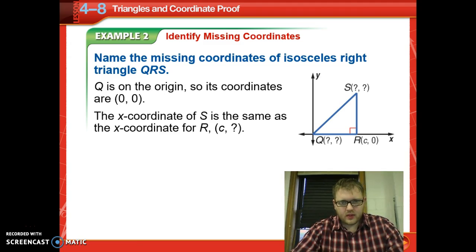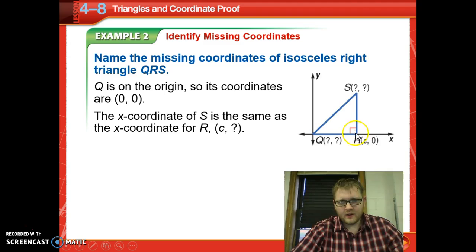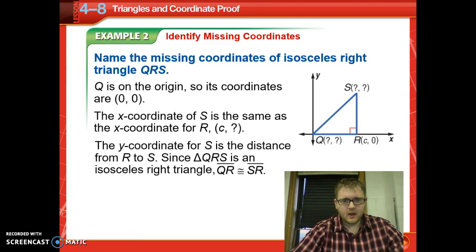And then the x coordinate for S is going to be the same as the x coordinate for R because it's a right triangle. If this is on the axis, then this side SR has to be going straight up. So both S and R are going to have some x coordinate we'll call C. It doesn't matter what you call it, we just chose C arbitrarily.